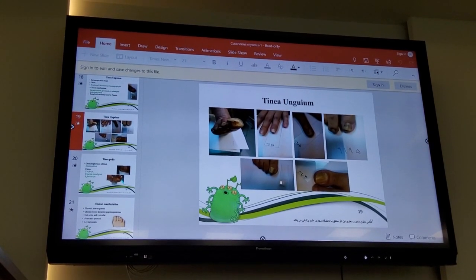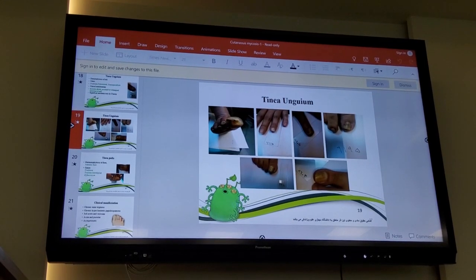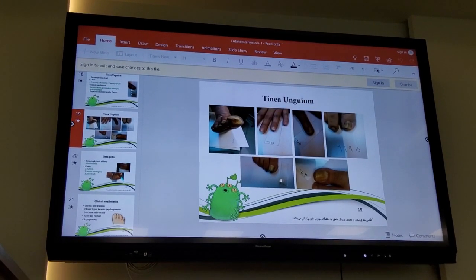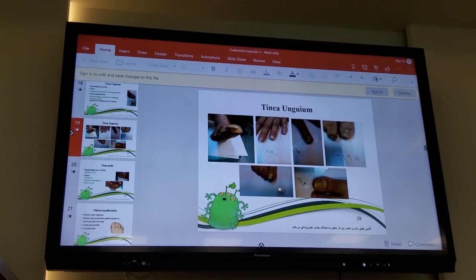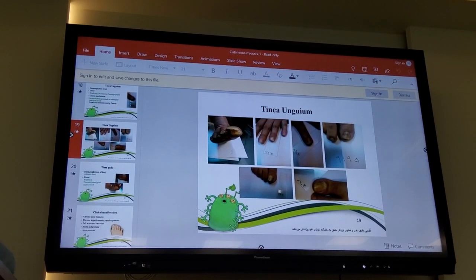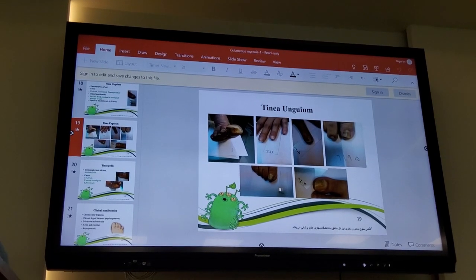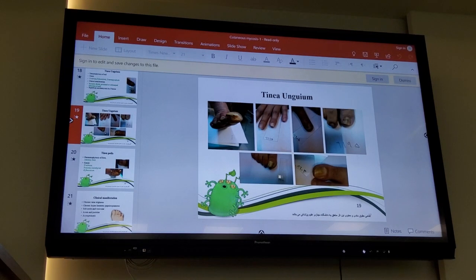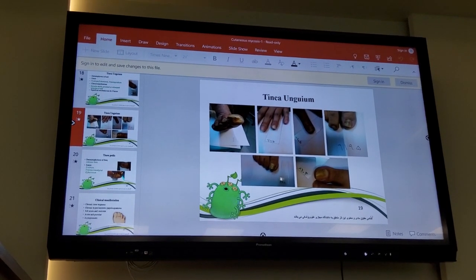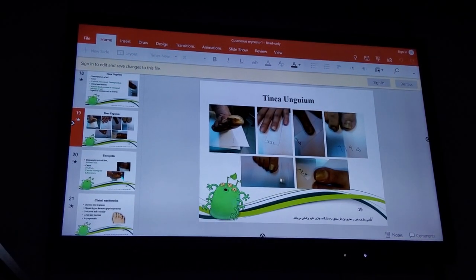After that, the nail shows hypertrophy, meaning thickness. Then the thickened yellow or brown nail starts to break down and be destroyed.